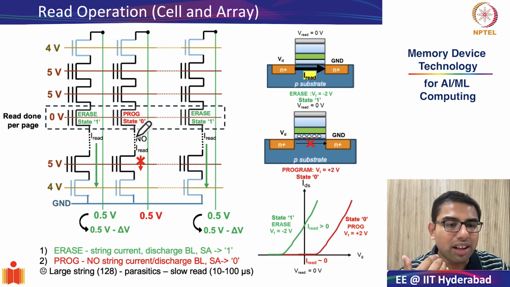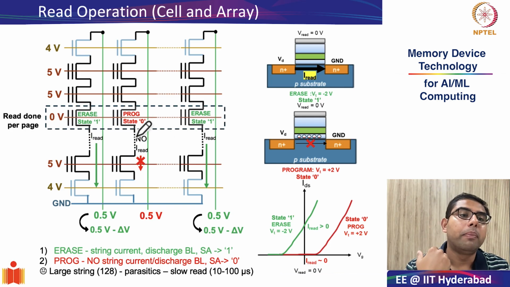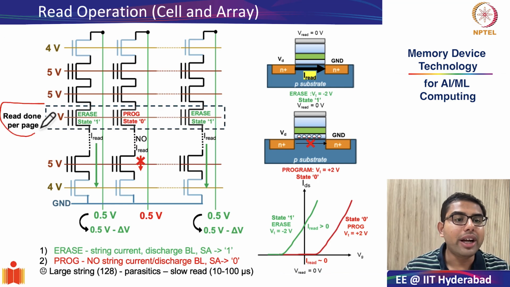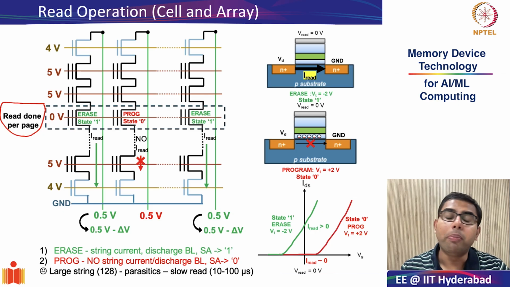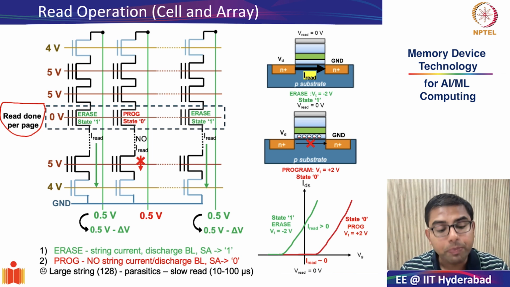So by checking whether the pre-charged bit line is discharging or not, we detect either an erase state or a program state for the page of our interest. With this we finish the fundamental operations and understanding, both at the cell level and array level, for all three important operations. Remember, they were program, erase and read.